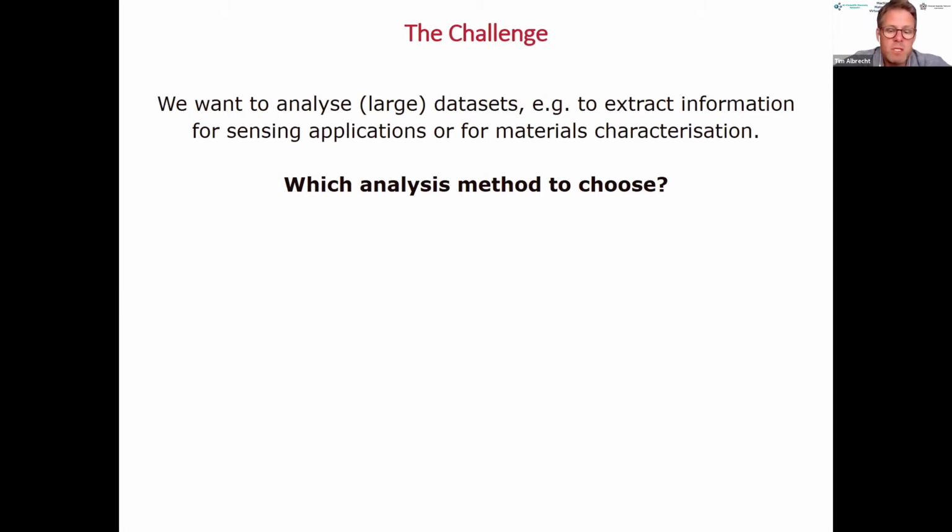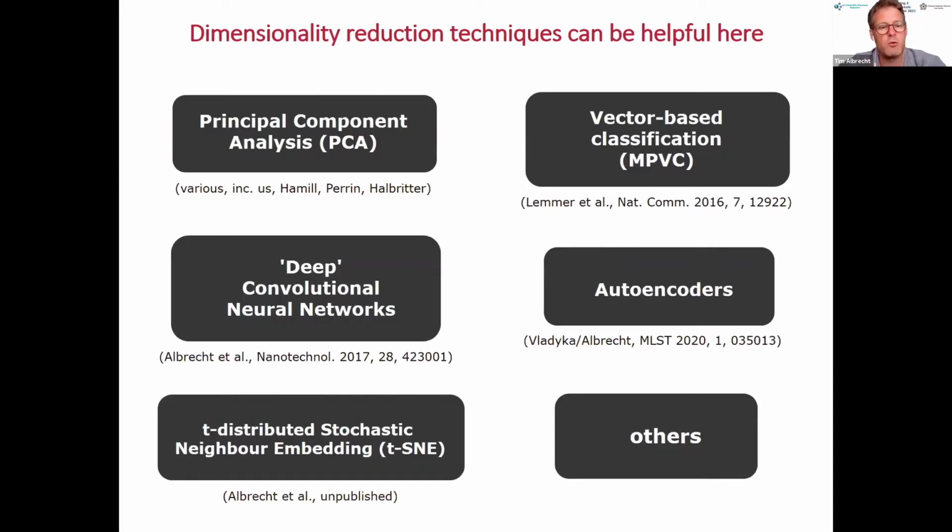So which method can we use to explore data sets like these? This could be in the context of a sensing application, but it could also be for materials characterization, for example. It turns out that dimensionality reduction techniques are a really useful tool in this context. If you have had exposure to this before, you know that there are a range of different dimensionality reduction techniques, some of which have been used in the context of single molecule charge transport studies.